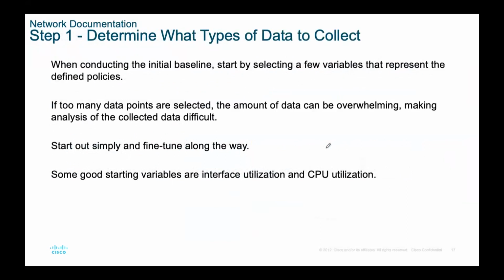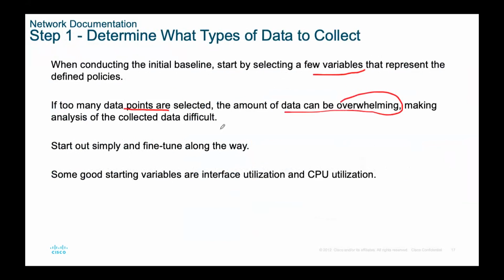Step 1, determine what type of data to collect. When conducting the initial baseline, start by selecting a few variables that represent the defined policies. If too many data points are selected, the amount of data can be overwhelming, making analysis of the collected data difficult.